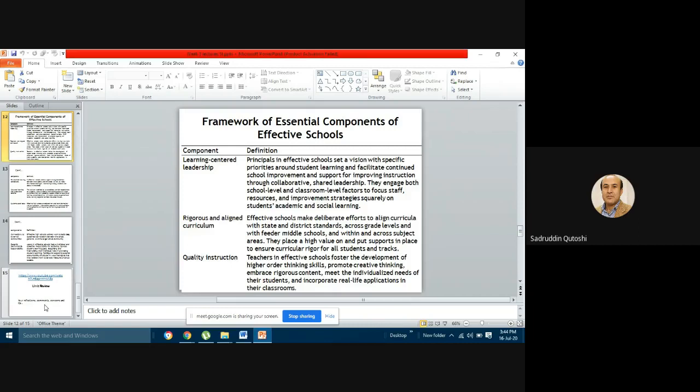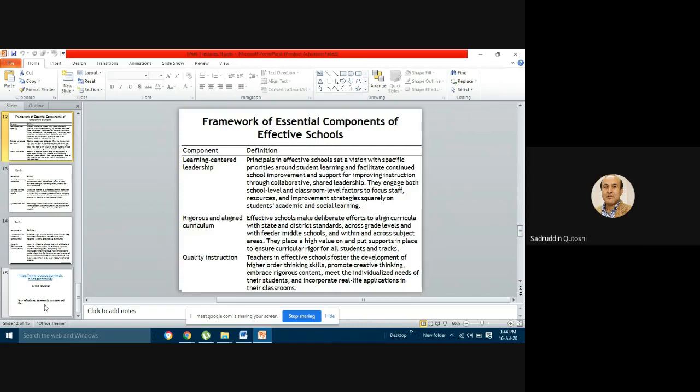When we say a framework of effective schools, it means a guideline, a picture that shows clearly what things are necessary for a school to become an effective school. So we will look at this particular framework of the essential components of effective schools. On the left side, you can see components. On the other side, you can see the definitions of these components.